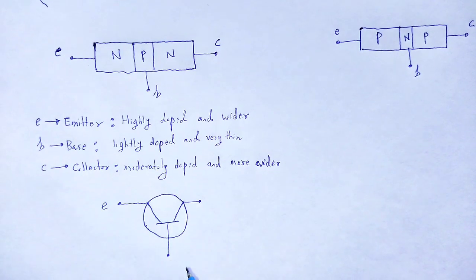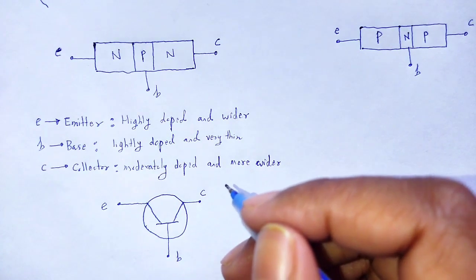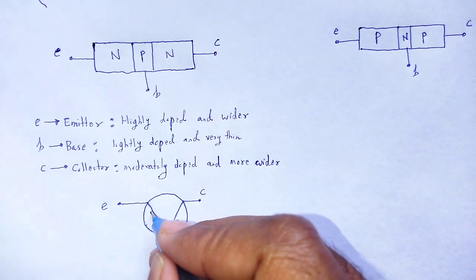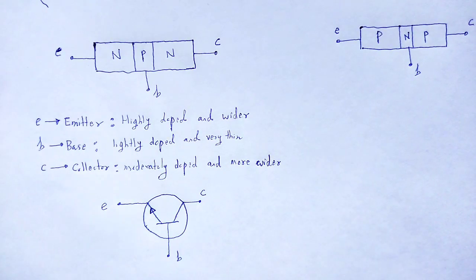The emitter, base, collector, and an arrowhead is used. That arrowhead indicates the direction of emitter current.